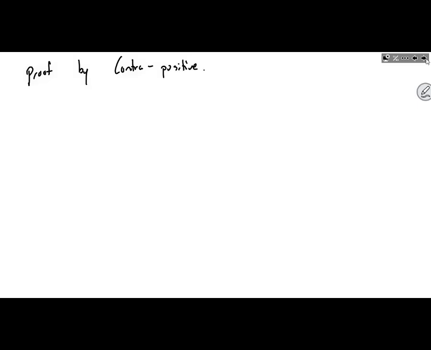Now, if we recall from a previous unit, we said that P implies Q is logically equivalent to not Q implies not P. And so sometimes, instead of trying to prove directly if P then Q, it might be easier to prove not Q implies not P. So let's take a look at an example.